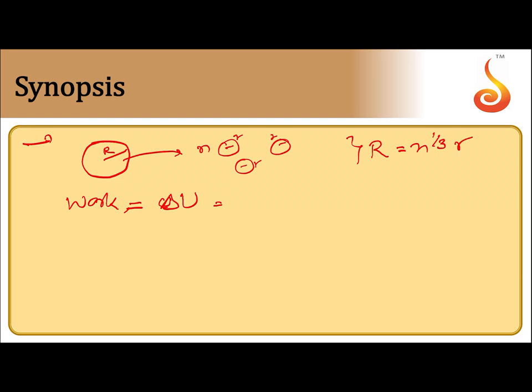Thus, change in surface energy becomes delta U is equal to 4 pi R cube into T, 1 by r minus 1 by capital R. This can be simplified further, 4 pi r square T into n to the power of 1 by 3 minus 1. So, the work done in such a case is given by this expression.